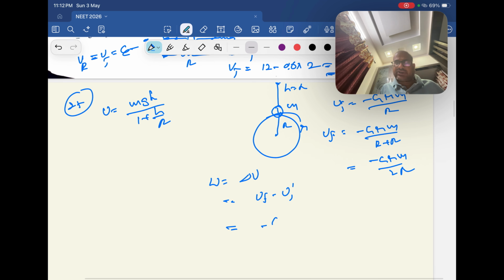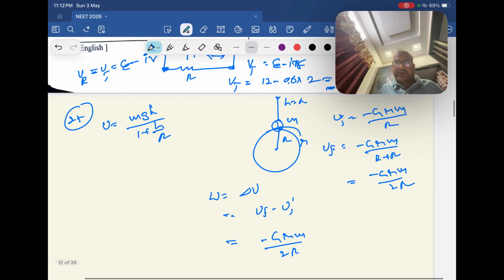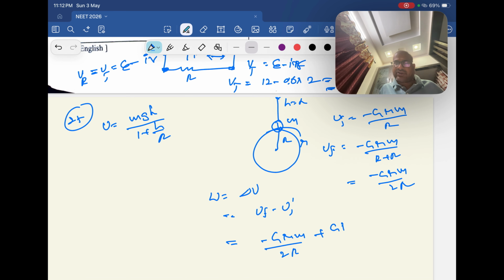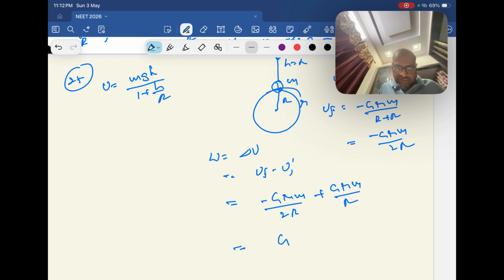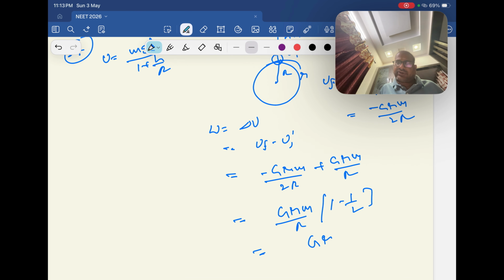The final is minus G capital M small m by 2R. So minus of minus will be plus, and the initial value will be G M m by R. So you will have G capital M small m by R. If you take common, 1 minus 1 by 2 is 1 by 2. So we will have G capital M small m by 2R.